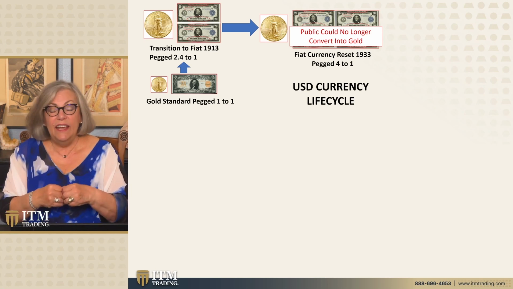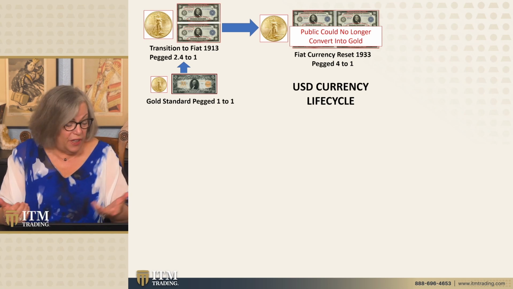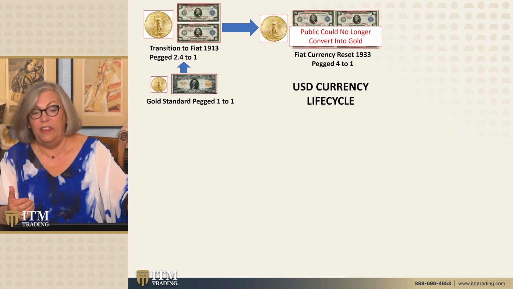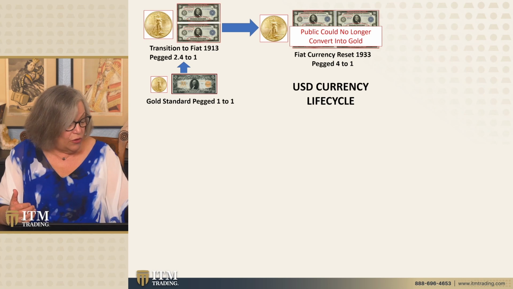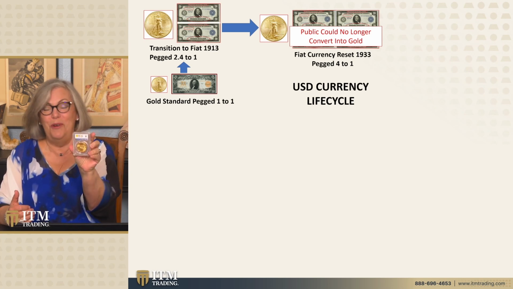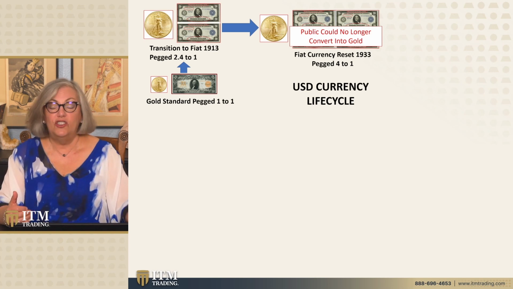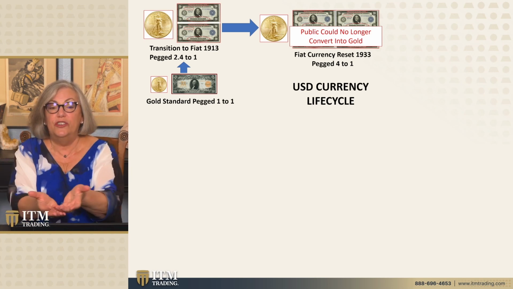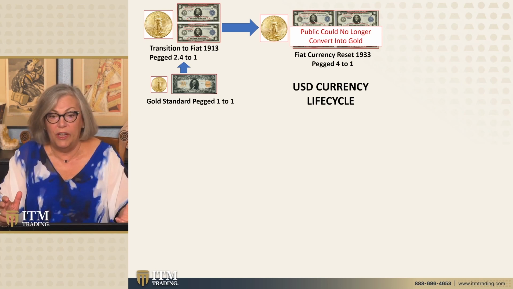Because any government, if you didn't like what they were doing, you just went into the bank with one of these and walked out with one of those. And so that created restrictions around what a government could do.